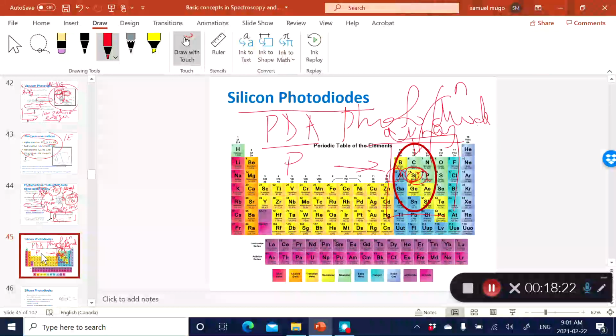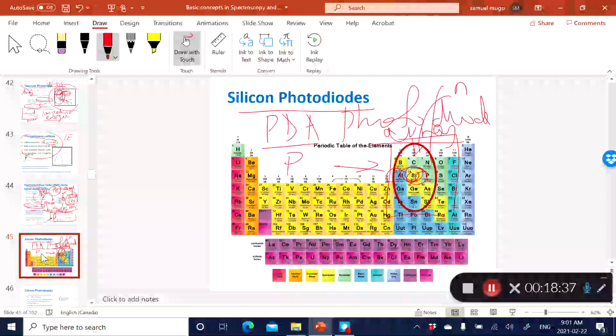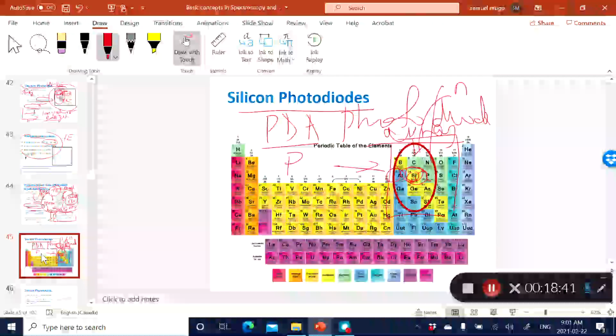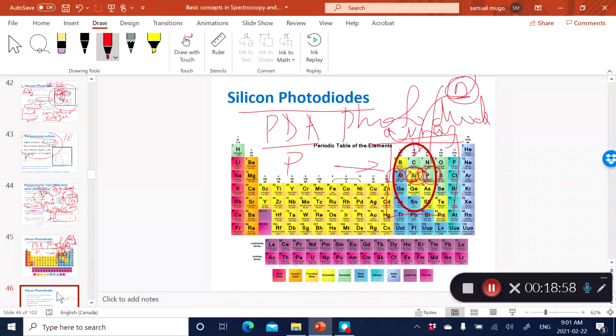If I dope silicon with aluminum, the silicon-aluminum combination is going to create pockets of holes or electron deficient vacancies within that material. On the other hand, if I dope it with phosphorus, phosphorus has got more electrons, it means I'm going to have a lot more electrons within that material. And that is what I'm referring to as the N-doped type of diode.